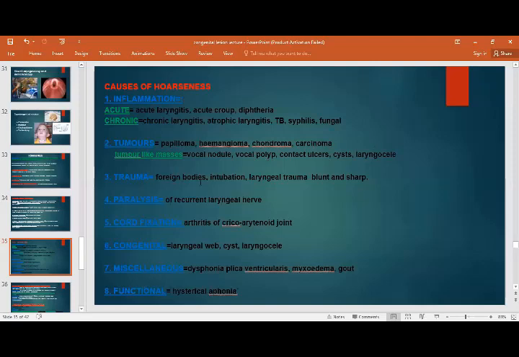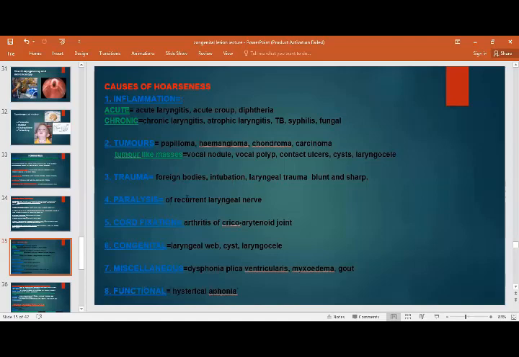There is also laryngeal trauma; sometimes direct laryngeal trauma occurs. It could occur with a foreign body, intubation, or external laryngeal trauma. So, whenever we intubate a patient in the ICU, we do not intubate for more than 10 days. We need to go for tracheostomy, because intubation will also traumatize the larynx.